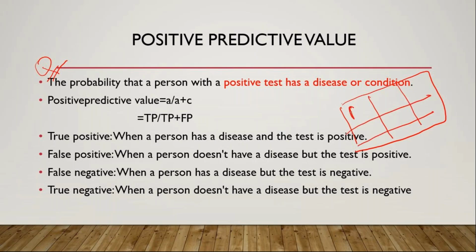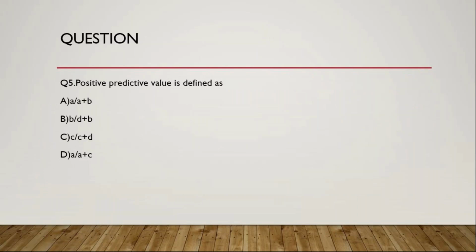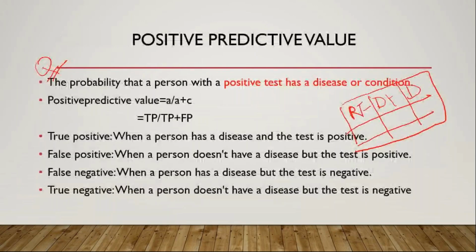Write risk factor, disease positive and disease negative, risk factor present and absent. If the disease is present, risk factor is present, write A, that is true positive. If the disease is absent, risk factor is present, write B, that is false positive.